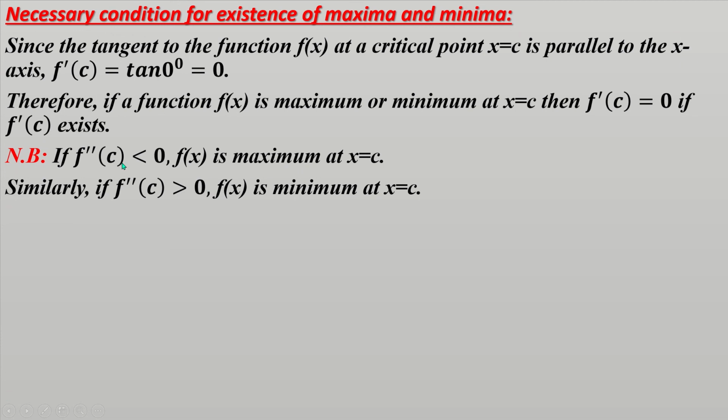That means second derivative negative means we get the maximum value, second derivative greater than 0 means the minimum value.